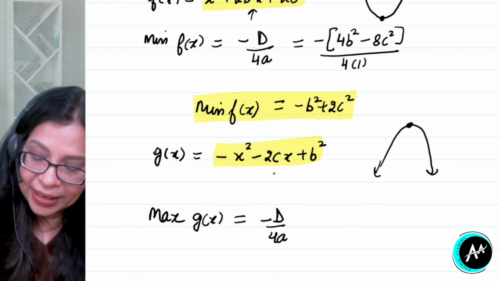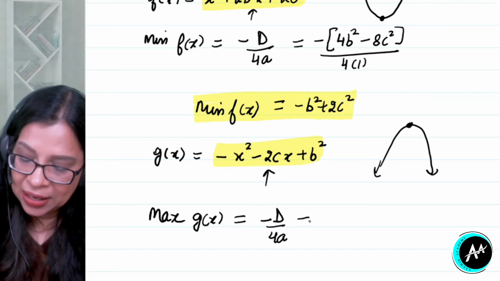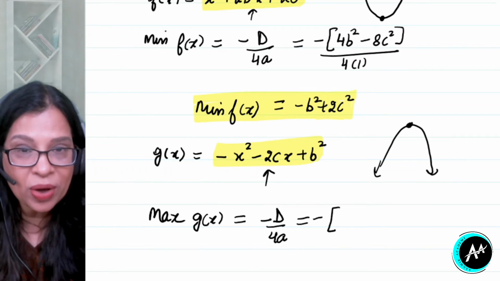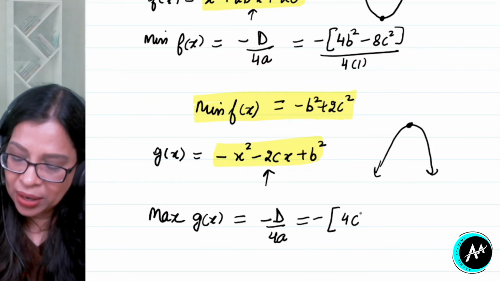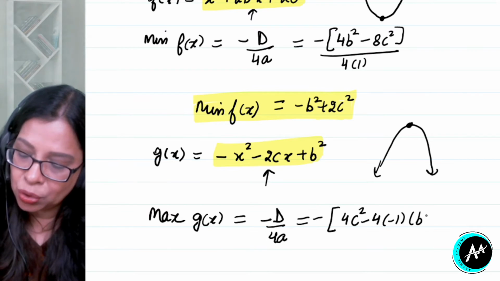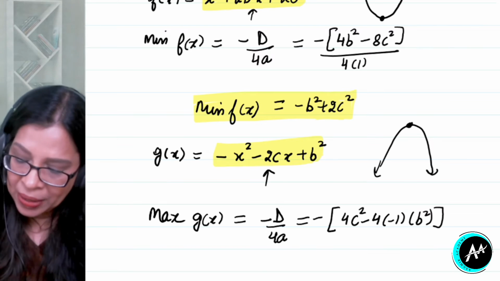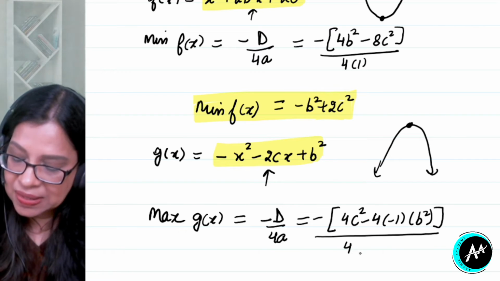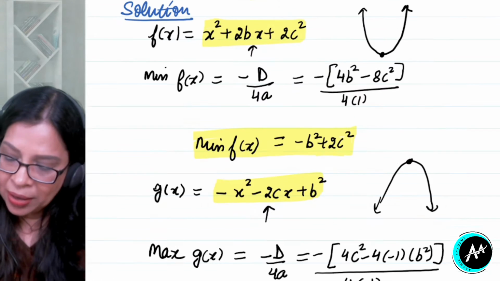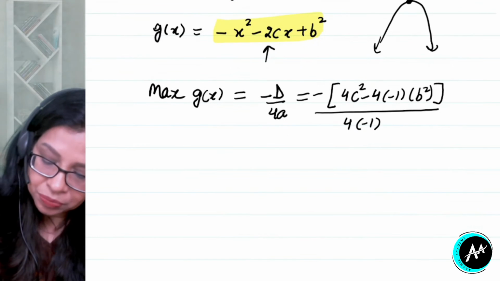Now in this quadratic expression, let us write D. So I have minus of minus 2c whole square, which will be 4c square. Then minus 4ac, that is 4 into minus 1 into b square. Got it? And a is minus 1, so I have 4 into minus 1. Alright. Now let us proceed further.